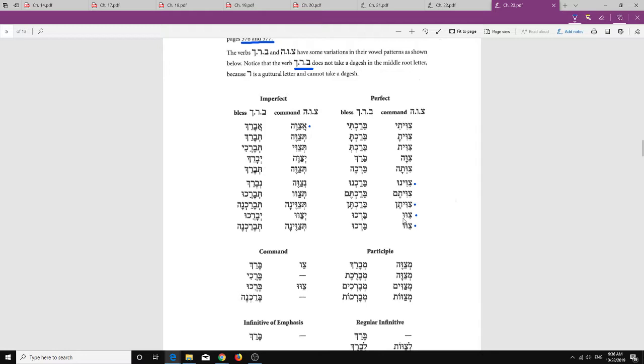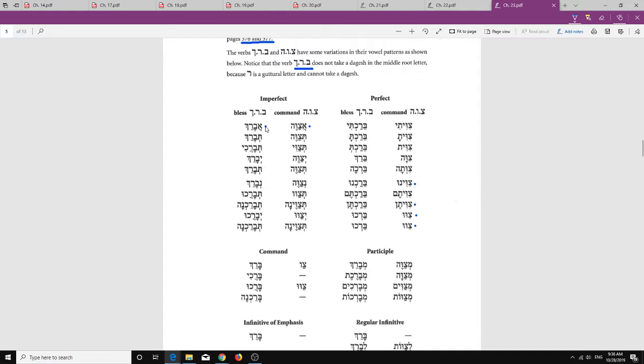Now how do you know? Well, vowels do not take other vowels, right? You can't have a vowel on another vowel, that wouldn't make any sense. So this has to be v in that case, or vu when it's right next to each other like that. So tsivu, yetsavu, right?